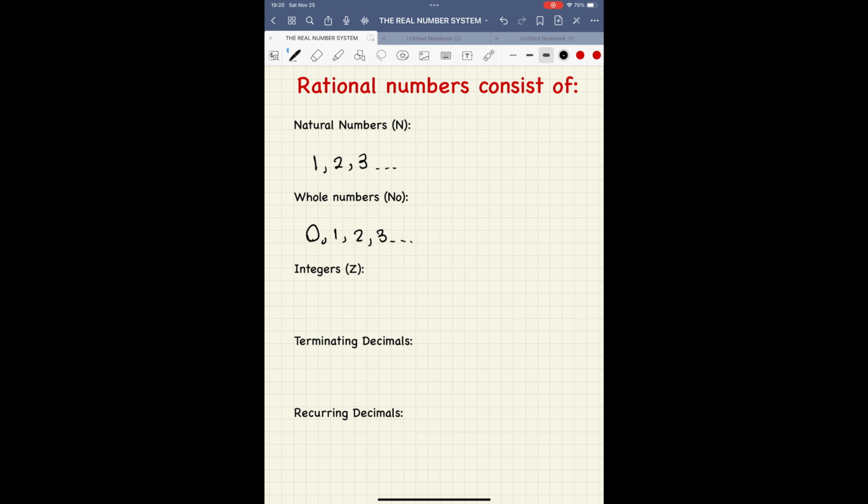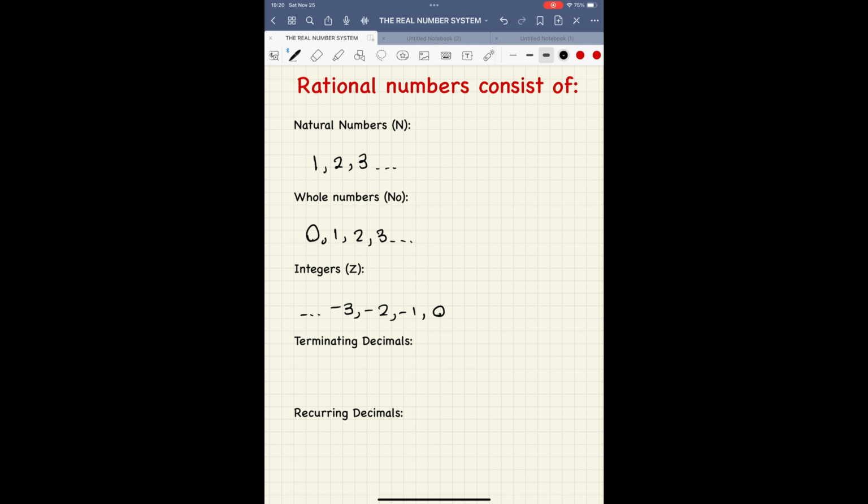And then we have integers. Integers are whole numbers and natural numbers combined, but then they include numbers before 0, which are negative numbers. So when you write them down, you will say, for example, -3, -2, -1, and then 0.